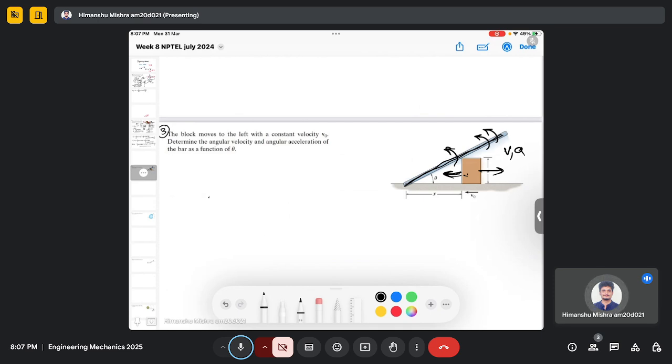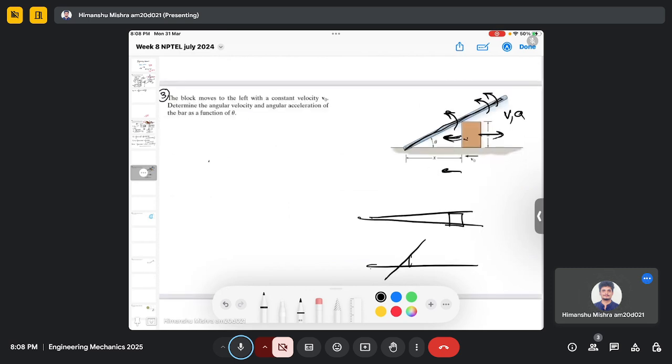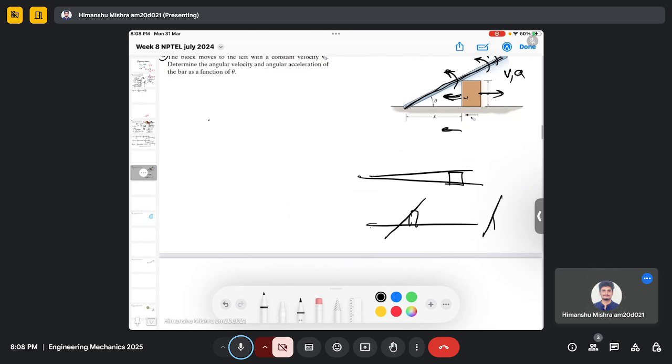As the block moves to the left, you can imagine, for example, this is my bar. As it goes, it is actually rotating like this. It is going in the left direction, and this bar is rotating in the counterclockwise direction as the block moves to the left. So the translation of the block creates the angular motion of this rod.